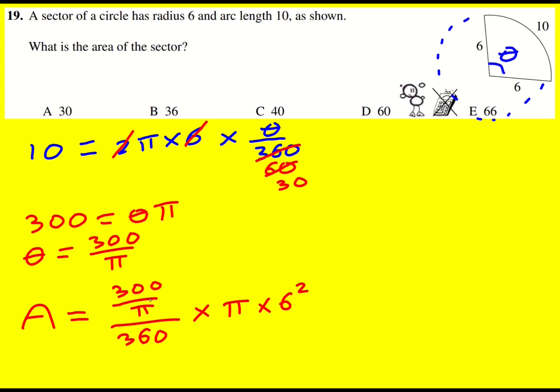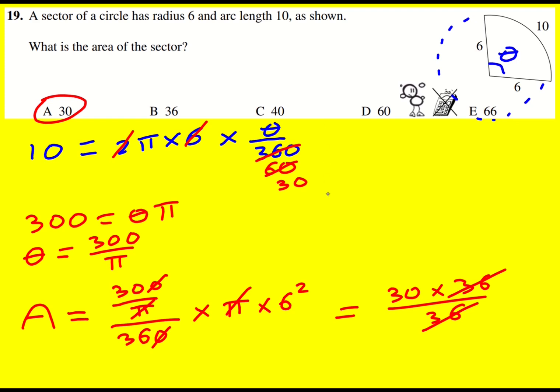The first thing to say is if I'm dividing by pi and timesing by pi, they're going to cancel. And then I'm going to cancel that 0 with that 0. So it's going to give me 30 times 36 over 36. I don't even need to do the calculation. They're going to cancel out. My final answer is going to be 30.